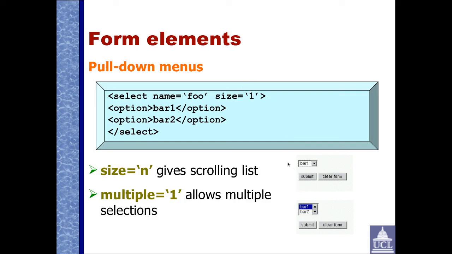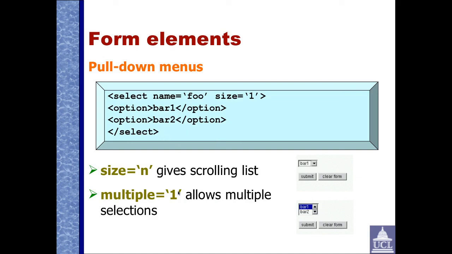If we have size greater than 1, it gives us a scrolling list like this. After the opening select tag, we give the options that can be entered, and these are appearing in this pull-down menu. And finally, we have a close select tag.